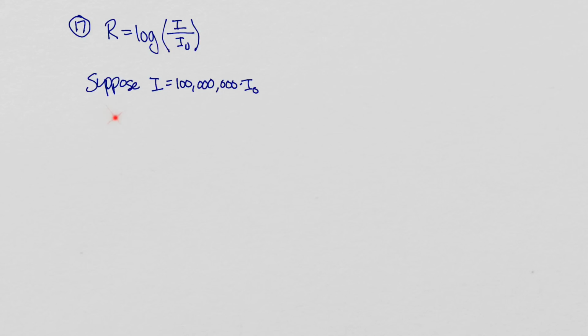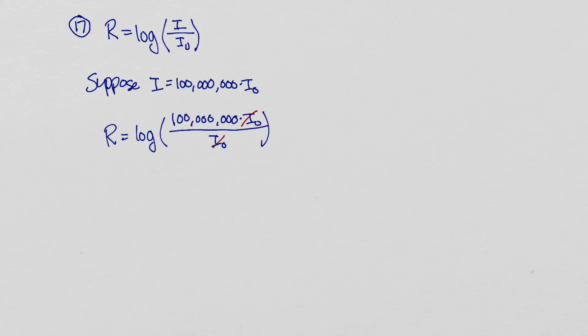So let's take this value of I and put it right in here, and let's see what happens. We're going to get R, the Richter scale reading, is equal to the log of I, which we're given to be 100 million times I naught, divided by I naught. And what do you know?